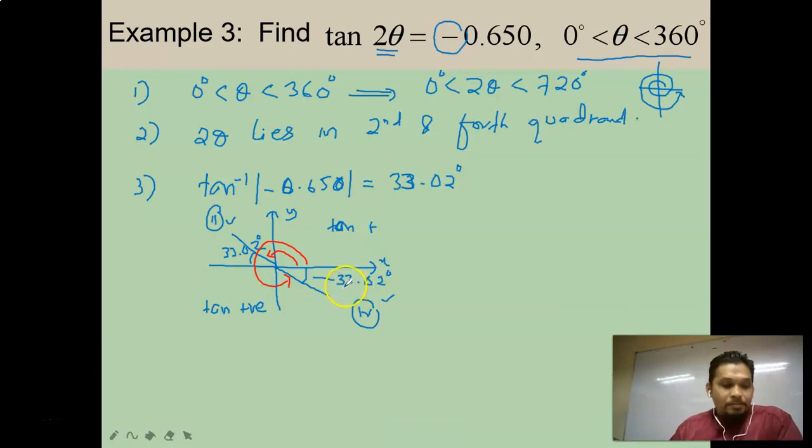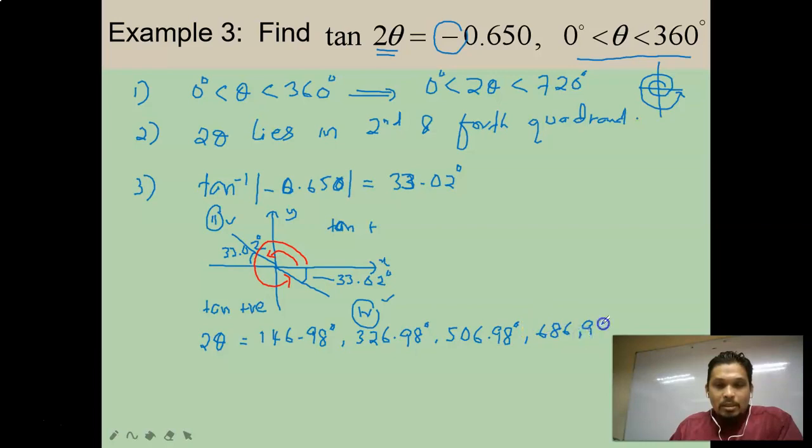Now let's find 2 theta equal to 146.98 degrees, 326.98 degrees, 506.98 degrees, and 686.98 degrees. Okay, how do we get all this?